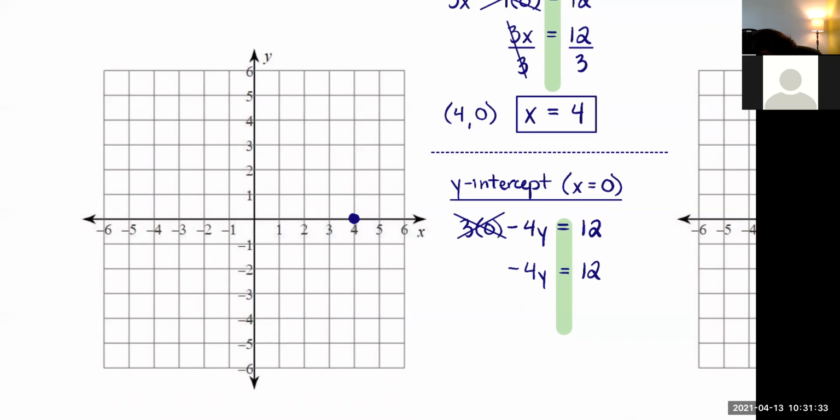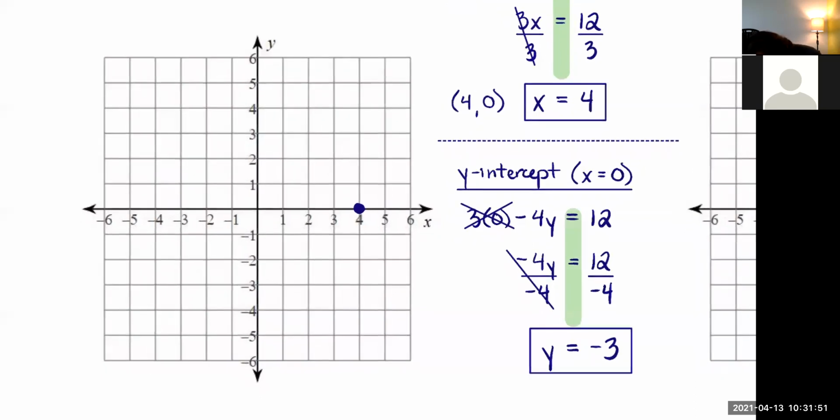Divide both sides by negative 4. On the left, we're left with y. 12 divided by negative 4 leaves me with a negative 3. So if you wanted the ordered pair for that one, we said the x coordinate was 0.